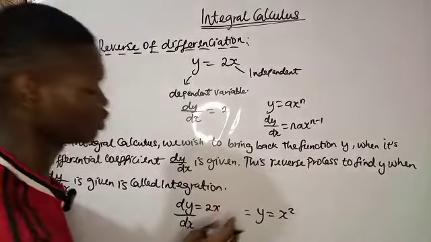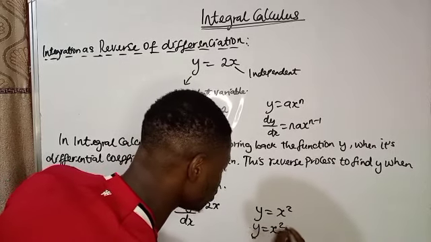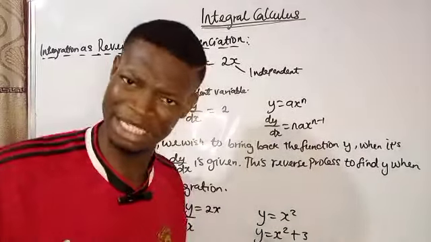Another person might say, because I know what differentiation is, no, uncle, this is not y is equal to x squared. His own is y is equal to x squared plus 3. The person is correct.